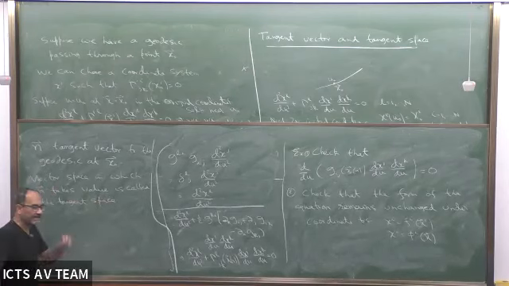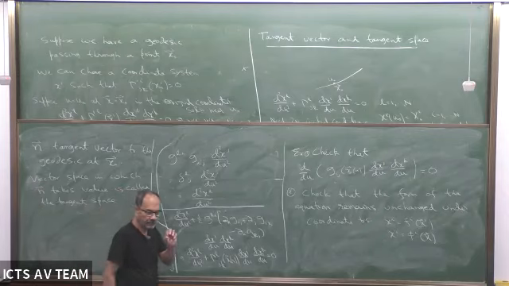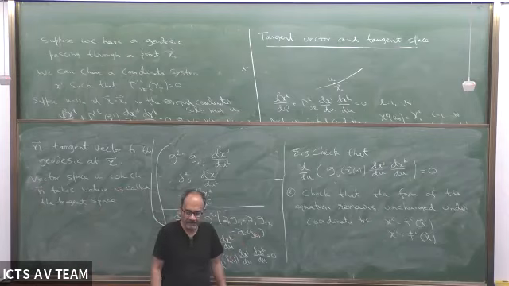So in other words, the tangent space at x naught is an n-dimensional vector space.